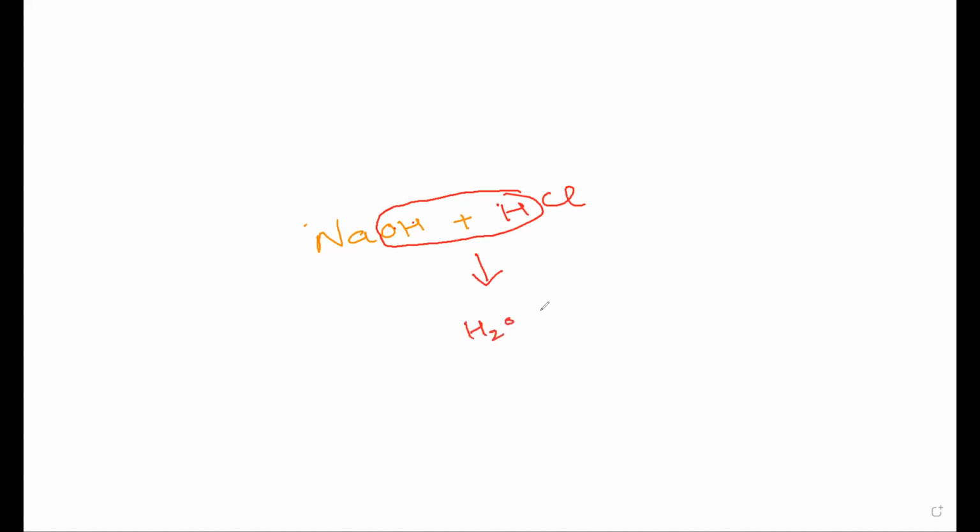So we are getting water, plus these two parts will join together and you will get NaCl, and this is our sodium chloride, or you can say common salt of sodium and chlorine. Na positive, Cl negative, you can sometimes write it as such if you are considering ionic charges.